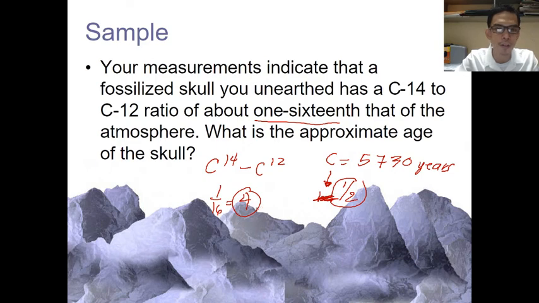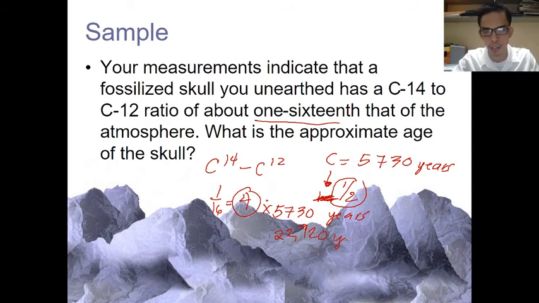Then therefore, what do we have right here? 4 times 5,730 years. That is around 22,920 years.